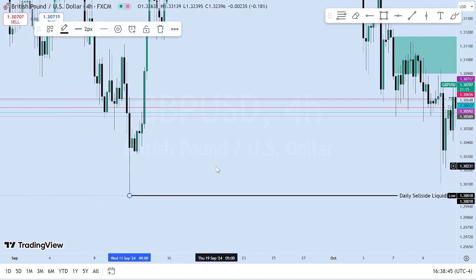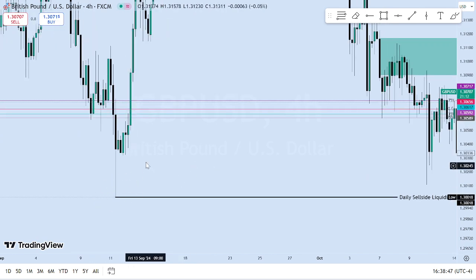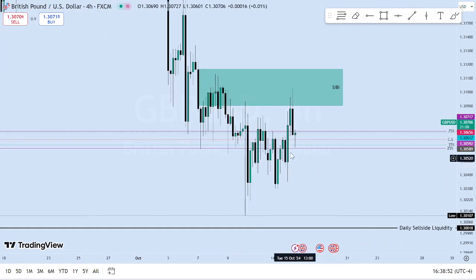Our daily buy side liquidity is untouched yet. We are not taking this low here, resting below. We are delivering inside it for the second time, leaving the fair value gap and dropping below, then trading below the 75% quadrant.